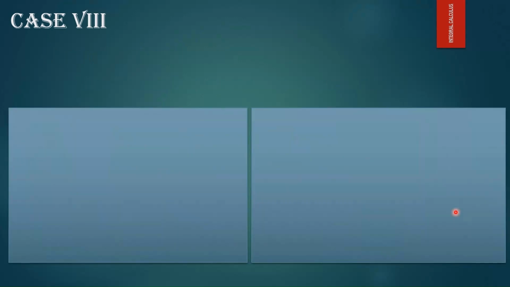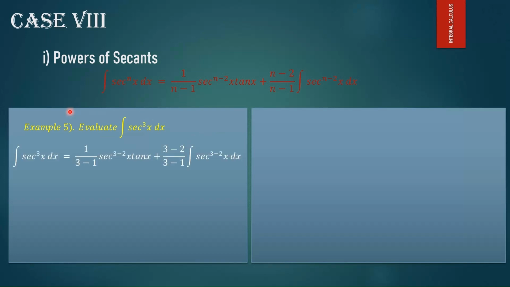Let's have the first example for the power of secants. So this is the formula for secant. Evaluate the integral of secant cube x. So ito rin yung given kanina na ginamitan natin ng integration by parts. Using the formula, we just replace n with 3.